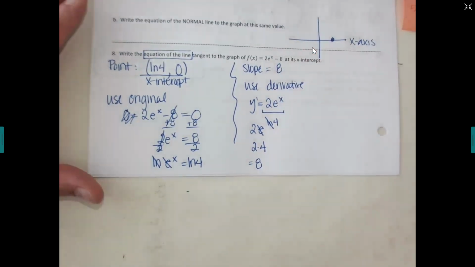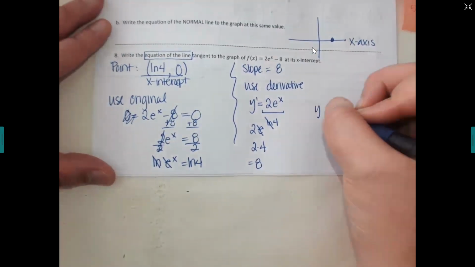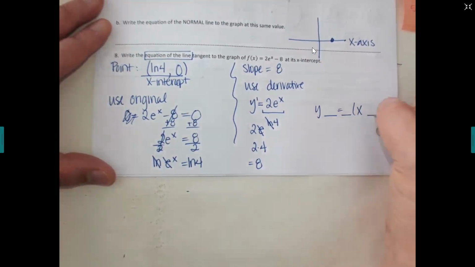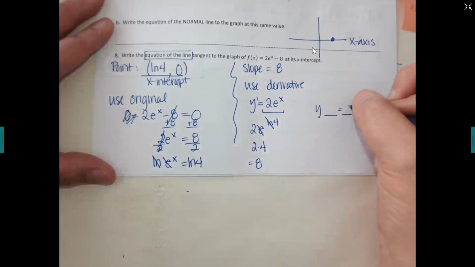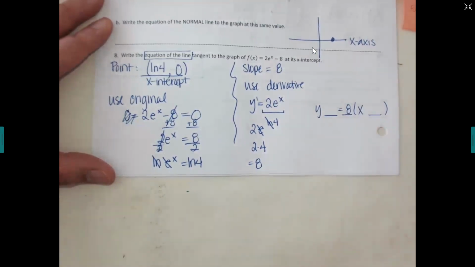That's enough information for me to write the equation of the tangent line. Y blank equals blank x blank. My slope goes in the middle, which was an 8. My x was ln 4, so I'm going to put minus ln 4.